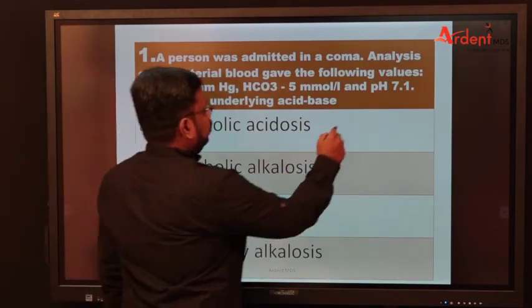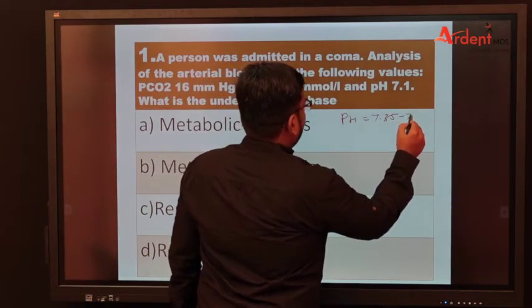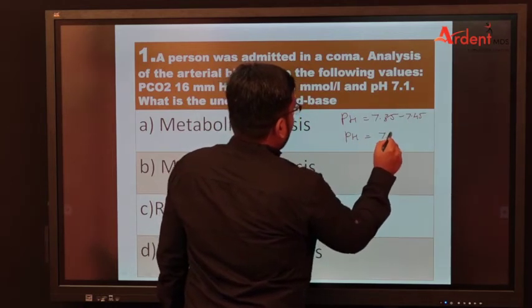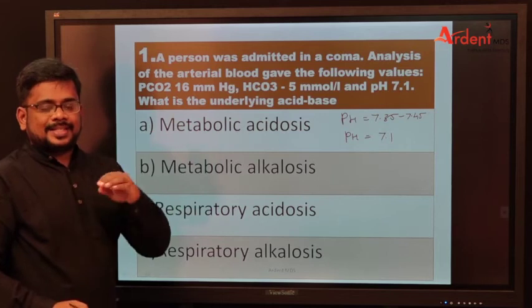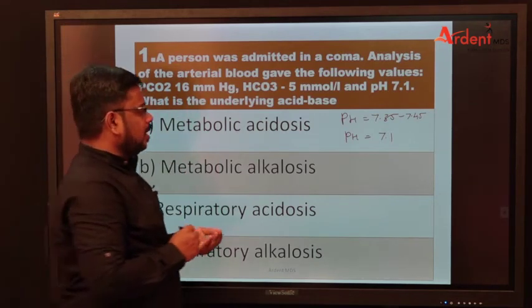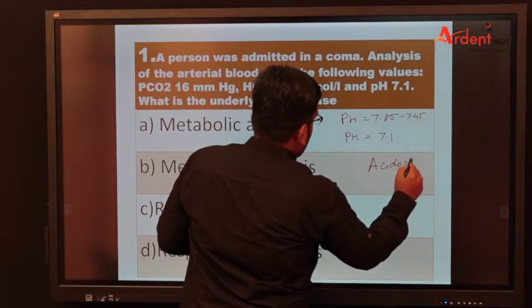The normal pH is around 7.35 to 7.45. But the pH which is given to you is around 7.1. So the pH is less. Because the pH is less, you can tell the patient is having acidosis. So this is the first step.